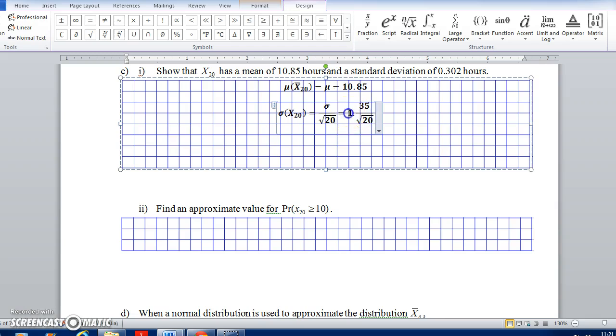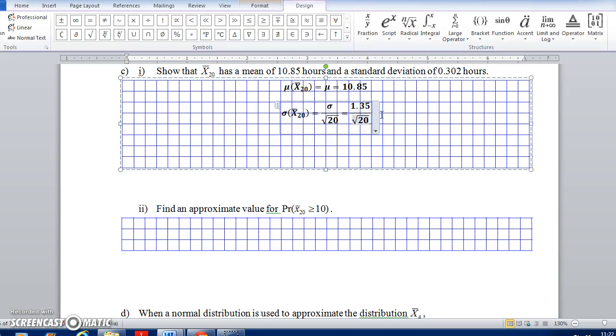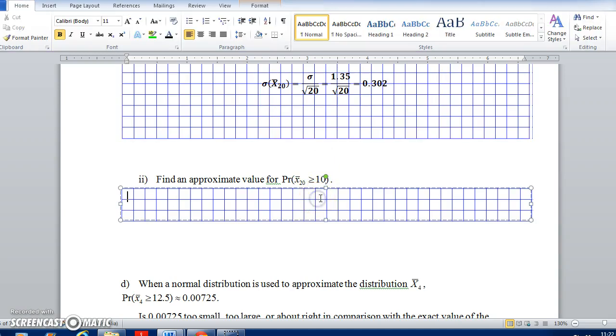Sorry, I'll just fix up the formatting, that always messes me up when I try to do fractions. So then that's just simply equal to 0.302. Okay, so that's just a basic application of the central limit theorem.